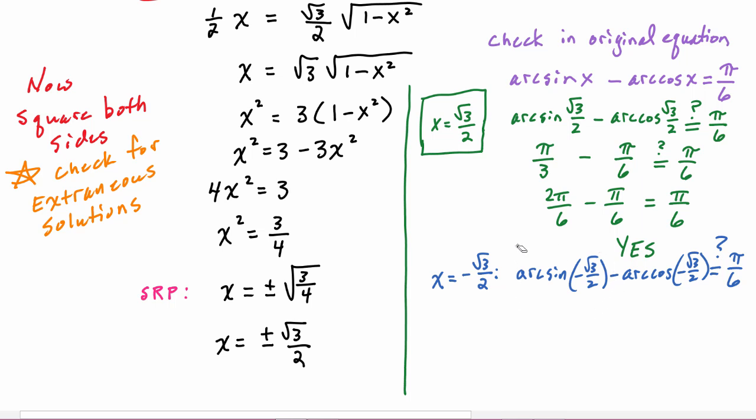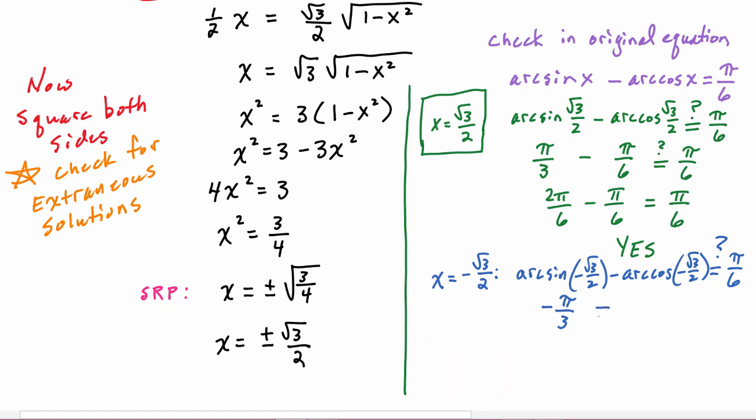Now we know arc sine of negative rad 3 over 2, or remember, you can think of it in your mind as sine inverse of negative root 3 over 2. You're thinking of an angle such that the sine of theta is negative rad 3 over 2. Now you have to think about the range of sine inverse. The range of sine inverse is from negative pi over 2 to positive pi over 2. So the only angle in that range would be negative pi over 3.